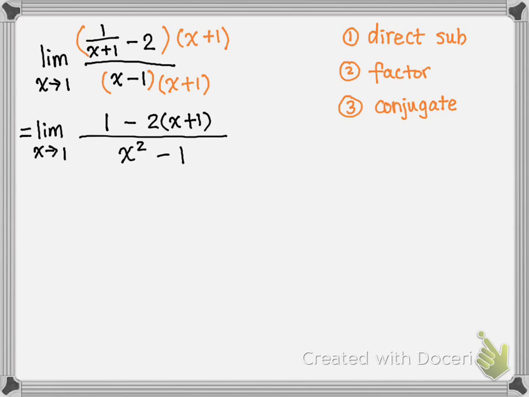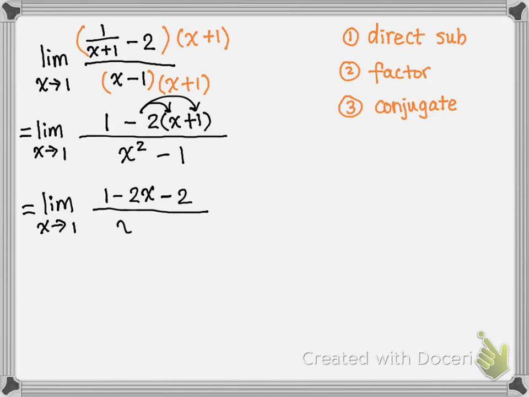So now we take a look at the top. So we simplify. We get 1 minus 2x. Minus 2 goes into x, right? And then minus 2 goes into 1, minus 2. Okay, x squared minus 1.